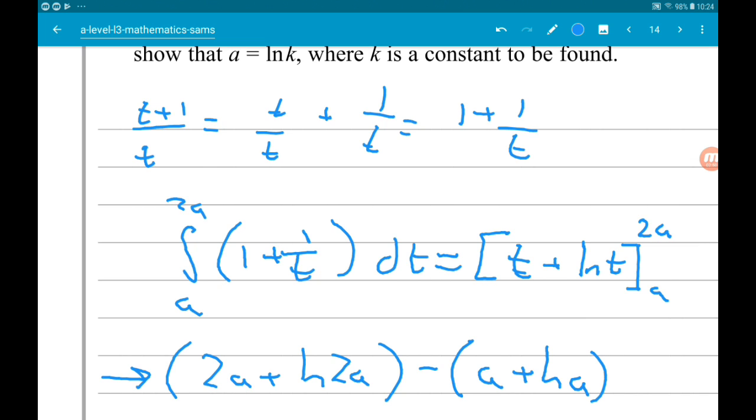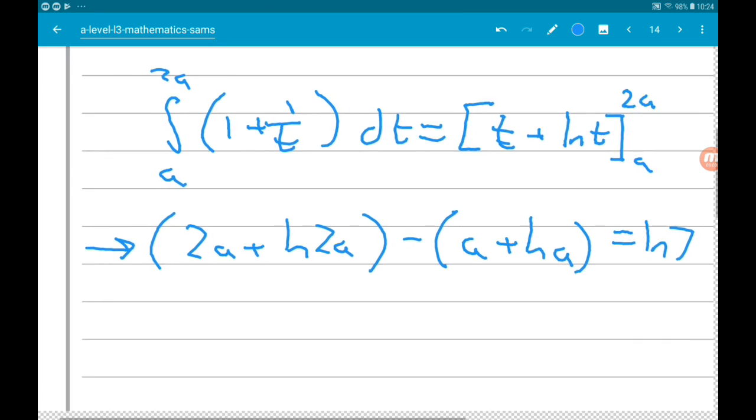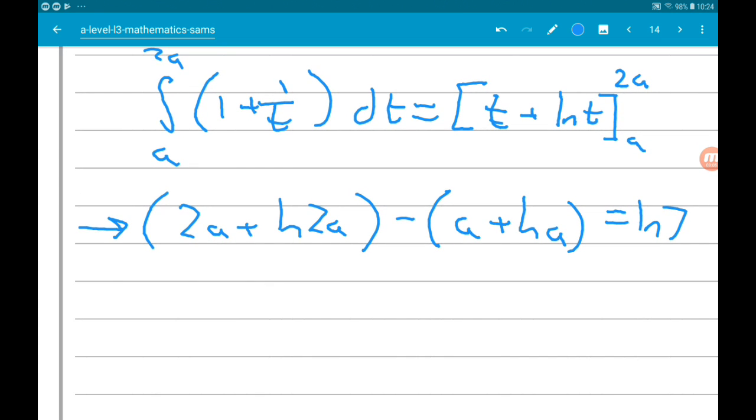Now we know that that is equal to log 7. So we have 2a minus a, which is going to leave us with 1a, and we have a log of 2a minus log of a.